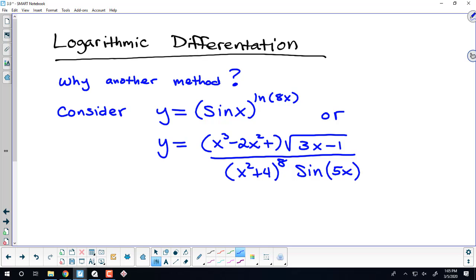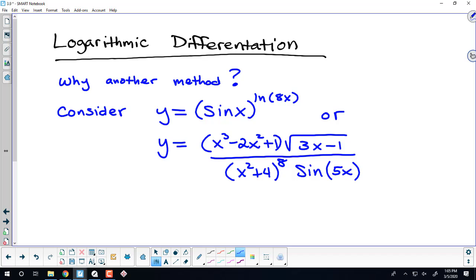So what's after the plus in that polynomial? Oh, just one. Okay. We're not going to actually work that one. It's just an example for motivation as to why we want another method.